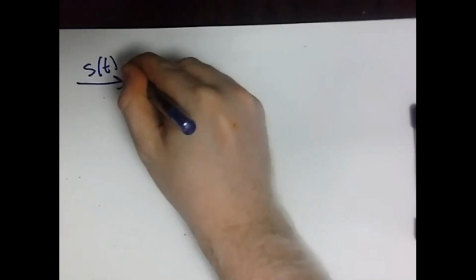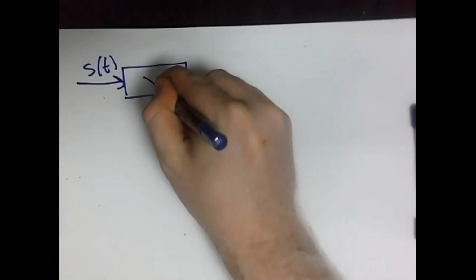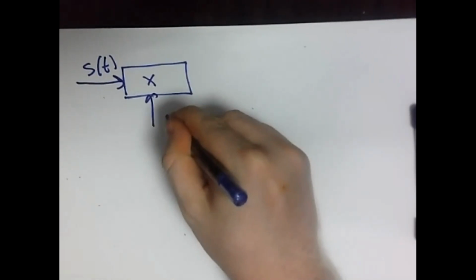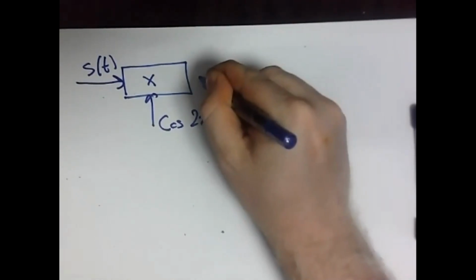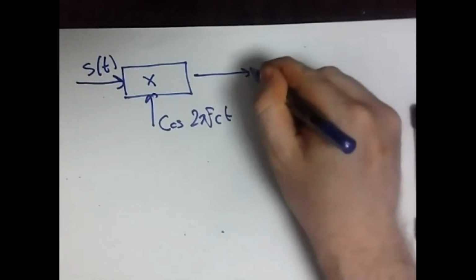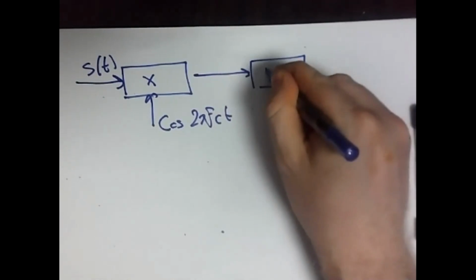So what we have now is as follows. Our S of t signal is passing through a mixer with cosine 2 pi fc t, and then we have a low-pass filter.